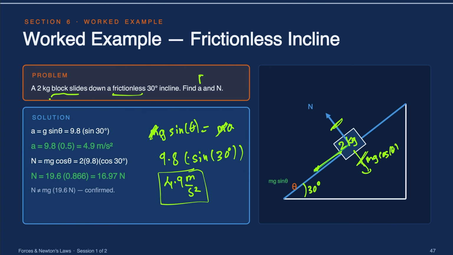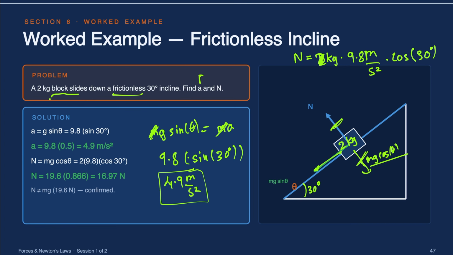It has to balance out mg cosine theta, right? So normal is equal to 2 kg, because that's the mass of the block, times g, 9.8 meters per second squared, times cosine of 30 degrees.